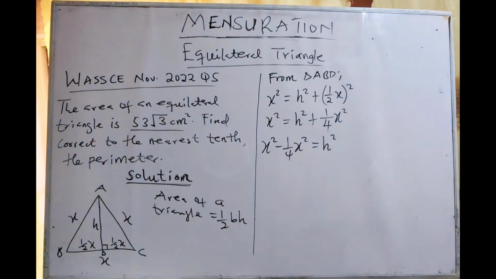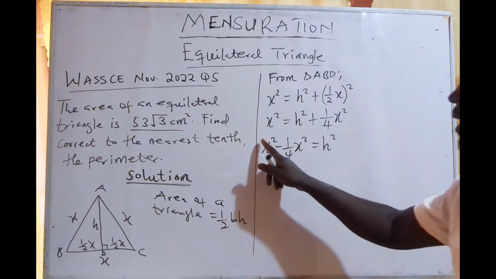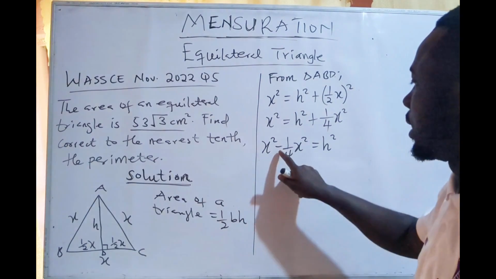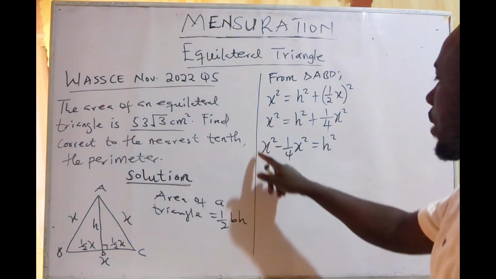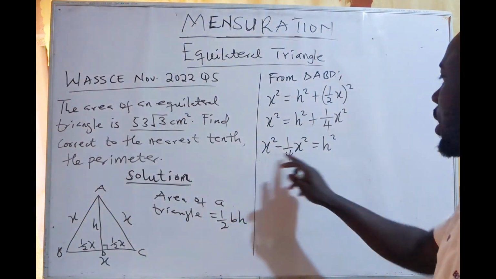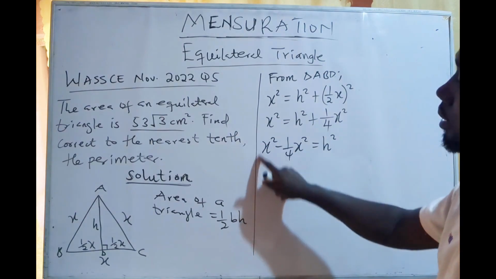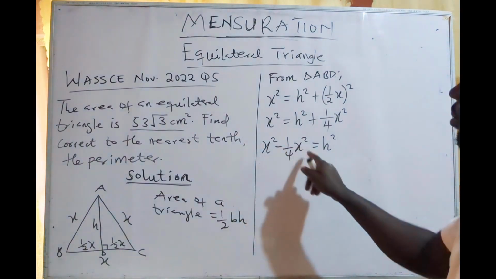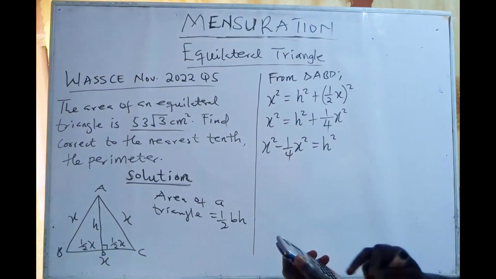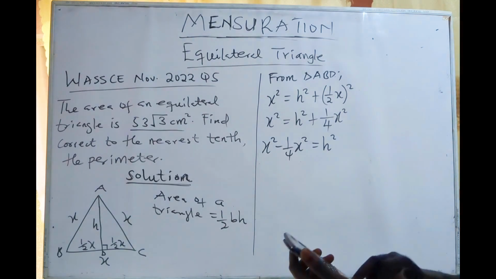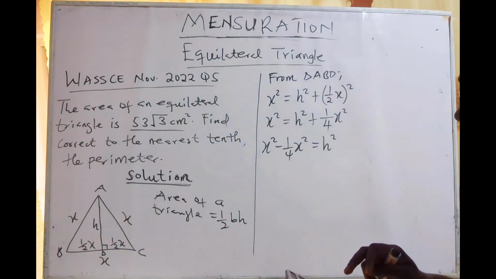The coefficient here is 1, and here it is minus 1 over 4. They are like terms, so we can subtract: 1 minus 1 over 4 gives us 3 over 4.